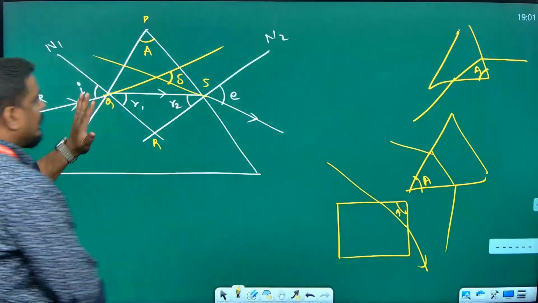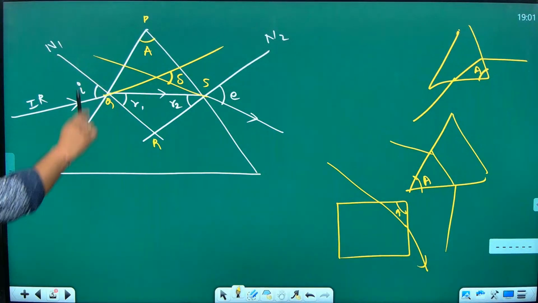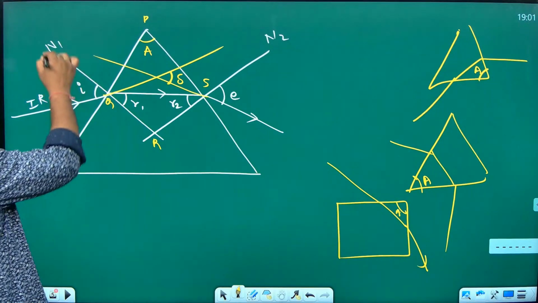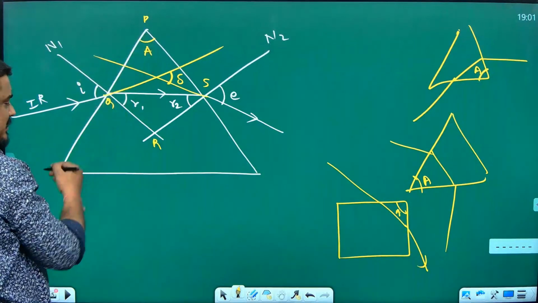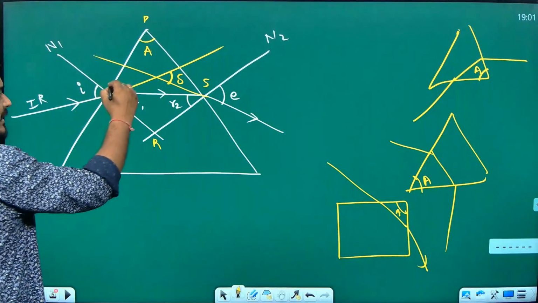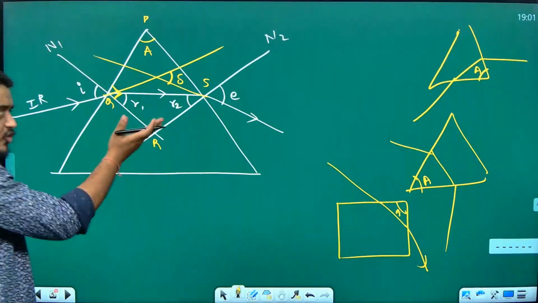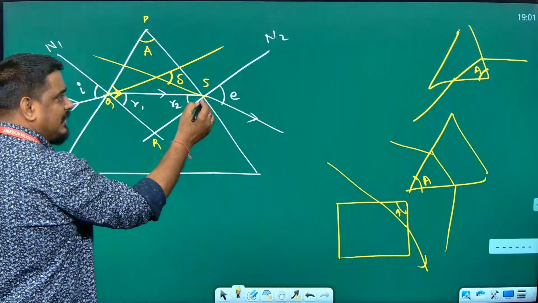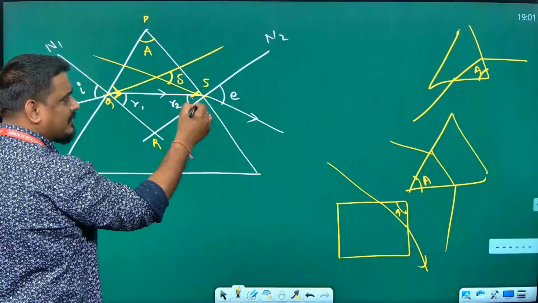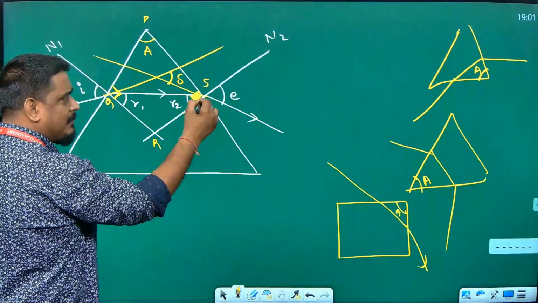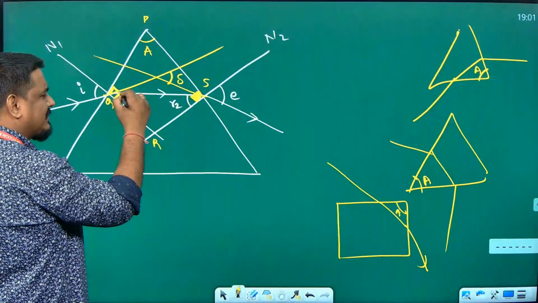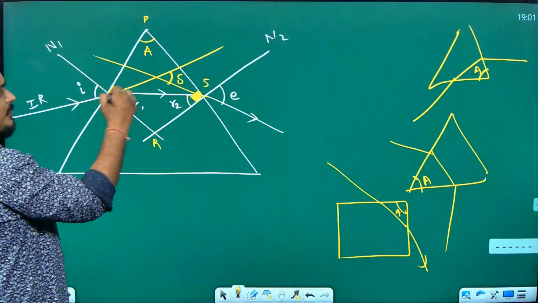So, here I have this quadrilateral PQRS. Do you agree with me? Yes. Normal is perpendicular on this side. This angle becomes 90 degree. Do you agree with me? This normal is also perpendicular on this side. This angle also became 90 degree. You agree with me? I hope you are agreeing with me which angles are 90 degree. Any problem in that? I hope there is no problem.